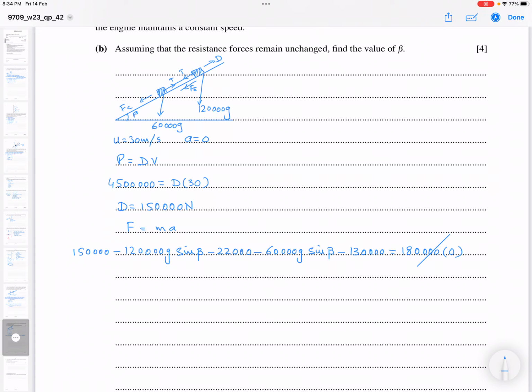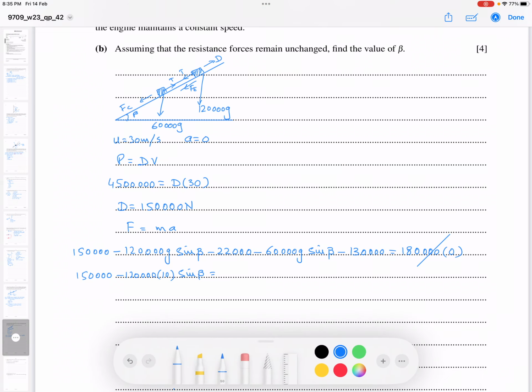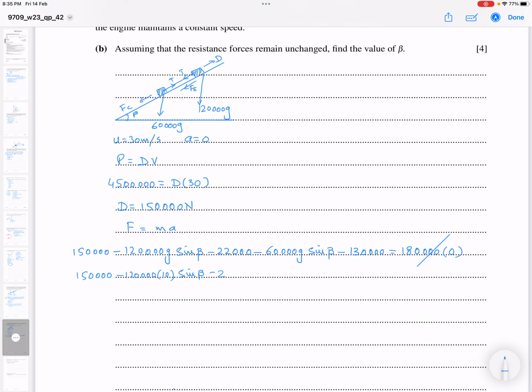So 150,000 minus 120,000 G, G is your 10, sine beta minus 22,000 minus 60,000 into 10 into sine of beta minus 13,000 is equal to 0.